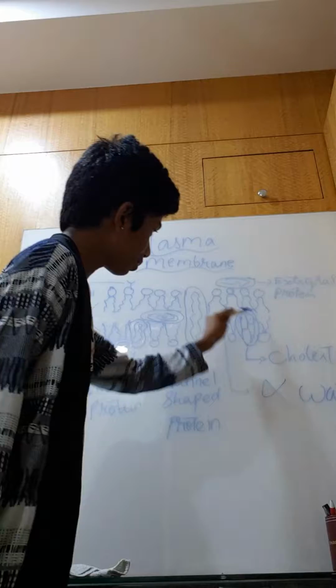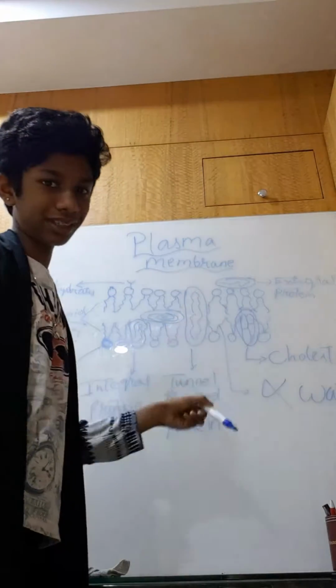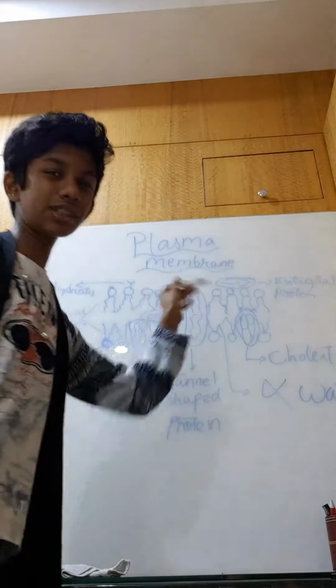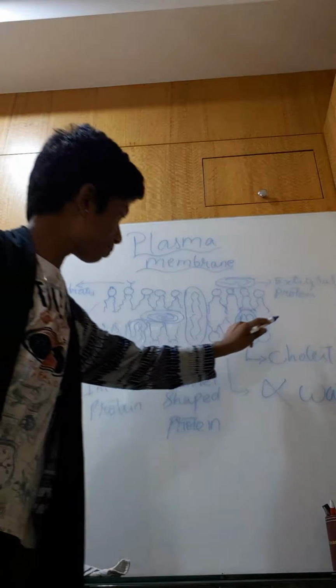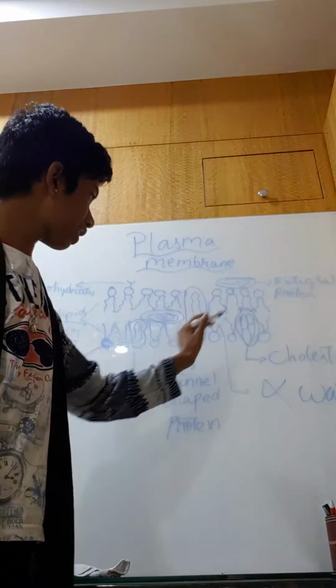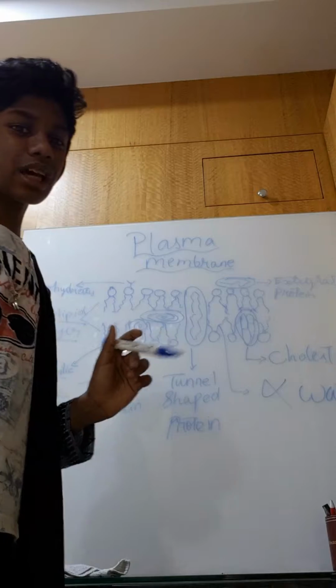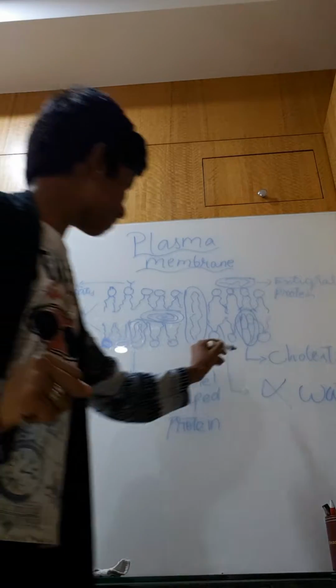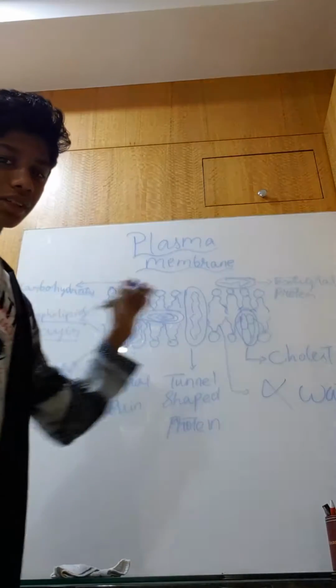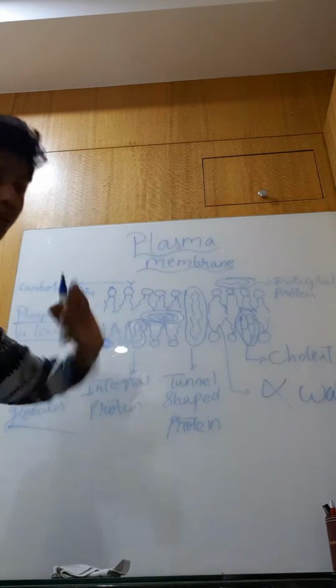And here, in this region, I have drawn something different. This is cholesterol, which is present in it. If a person, animal or human has more of this covering the whole layer, it means they have more cholesterol. First of all, cholesterol is a steroid, and there are proteins inside.